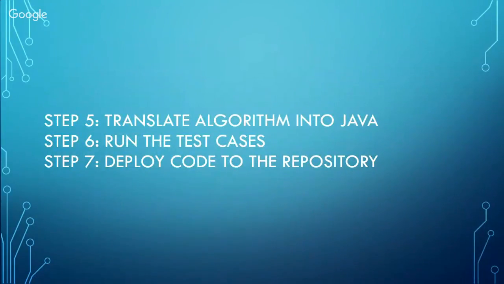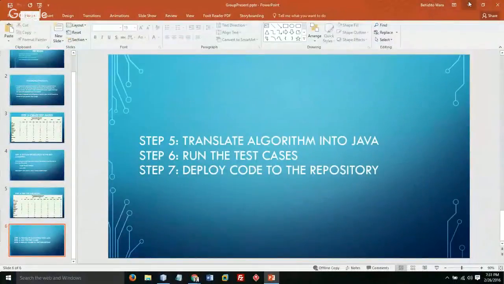Okay, then moving on, the 5th step consists of translating the pseudocode or the algorithm into actual Java code.